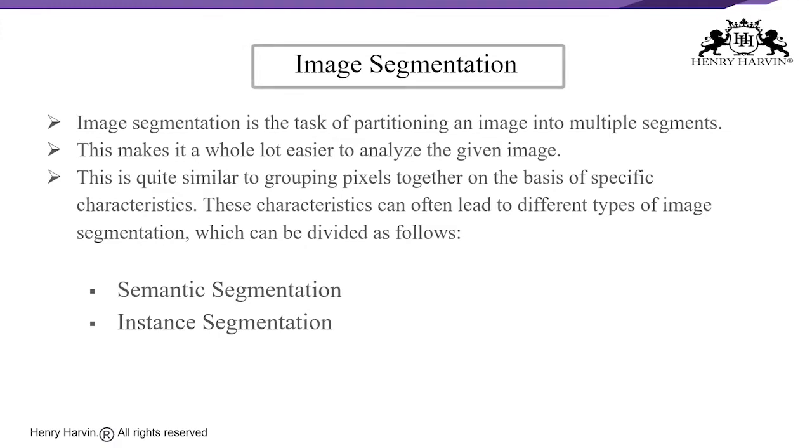If I tell you more specifically, the goal of semantic image segmentation is to label each pixel of an image with a corresponding class of what is being represented. Because we are predicting for every pixel in the image, this task is commonly referred to as dense prediction.